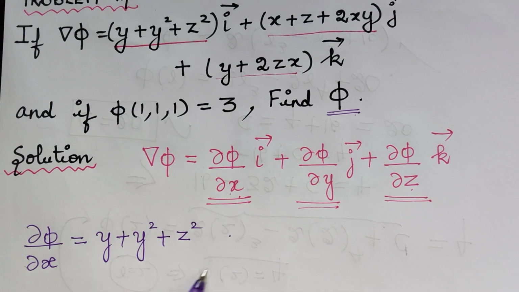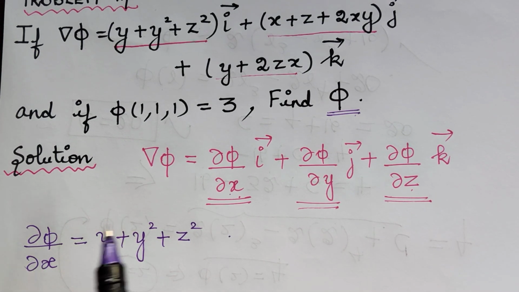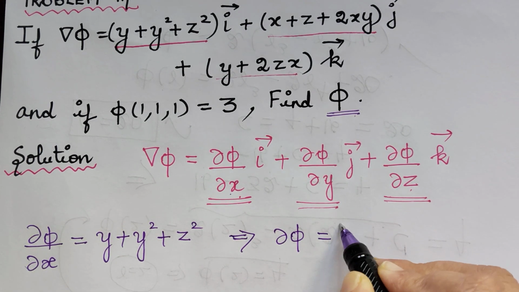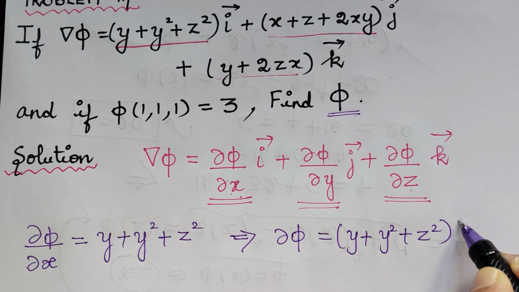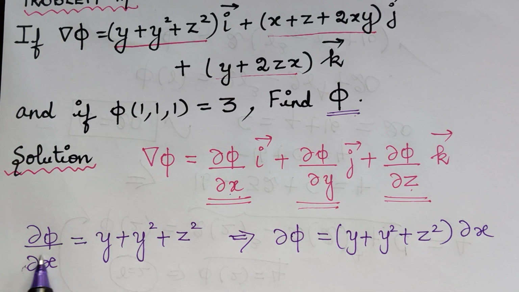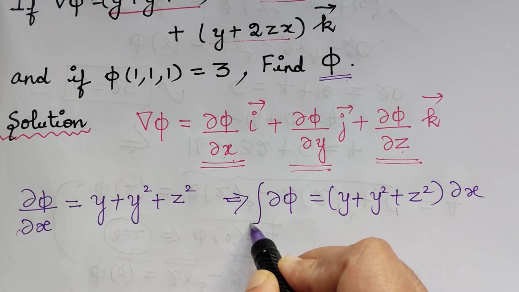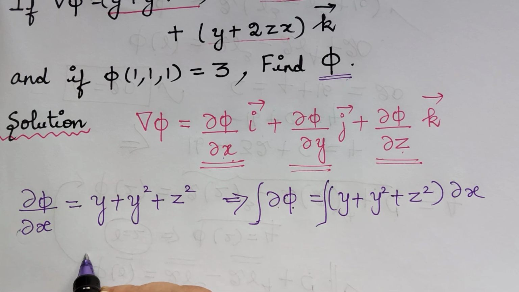Now from this we can integrate on both the sides and we can get the value of phi. So we can write dou phi is equal to y plus y square plus z square dou x, bringing this dou x to the right. Now we will integrate on both the sides. What is the integral of dou phi? It is phi.